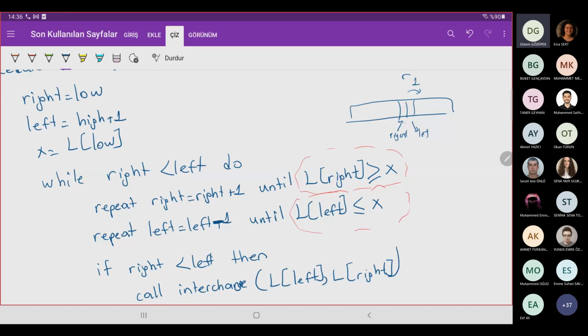So until coming to this, where they are all consecutive, I have high minus low plus 1 steps, right? Because this is low, this is high. I have high minus low plus 1 steps. But because still right is less than left in this direction, I will go 1 step more. So it makes high minus low plus 2. Okay? So this while loop operates for high minus low plus 2 times. Okay?